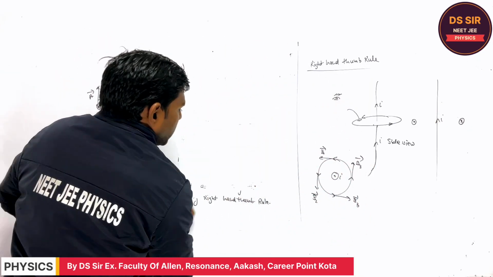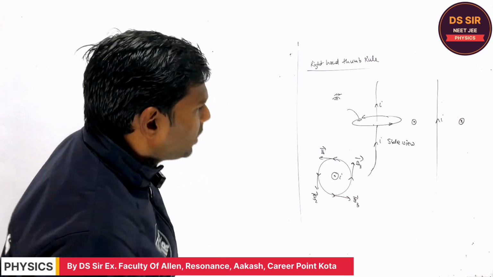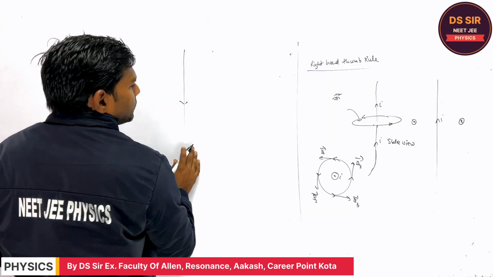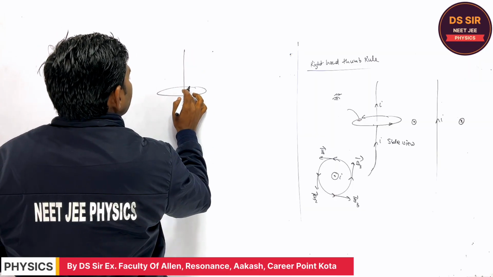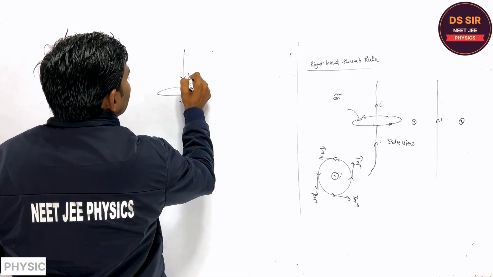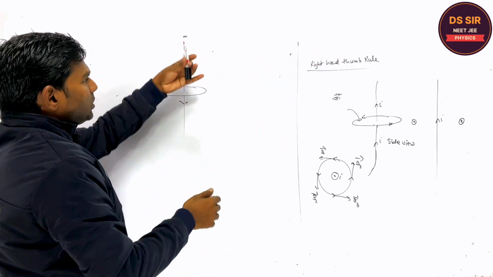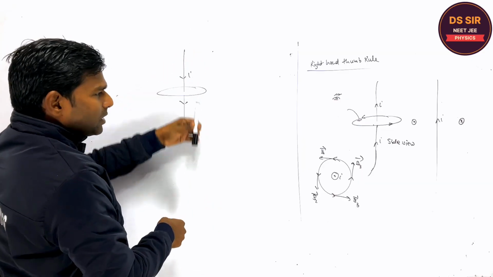Suppose in this case the current is coming out of the board. The current may be downward like this. So take your right hand. Suppose this is the current carrying wire, this black portion is going downward.